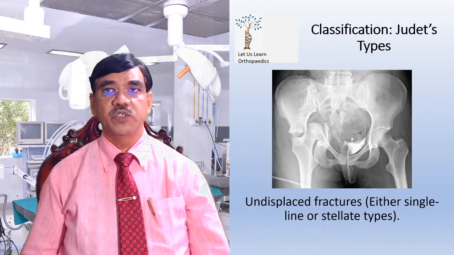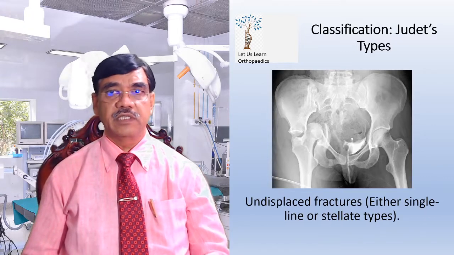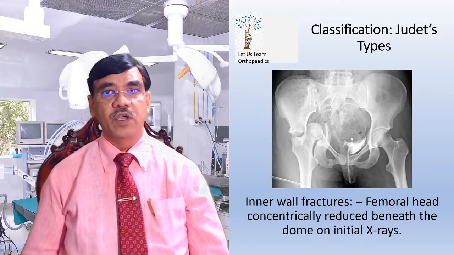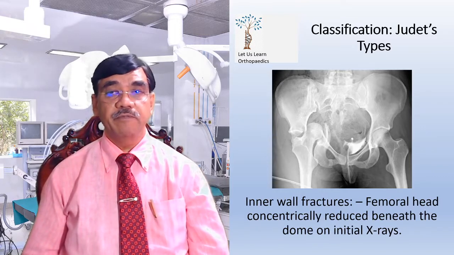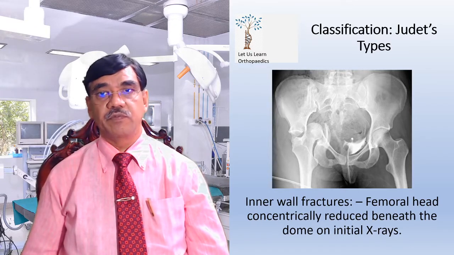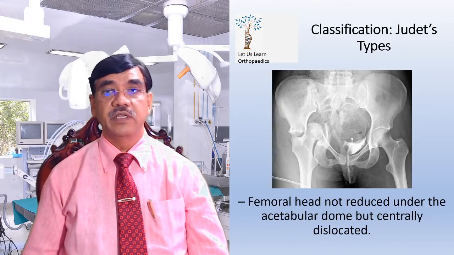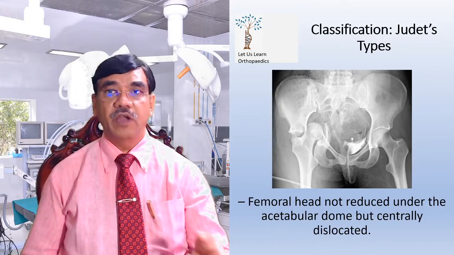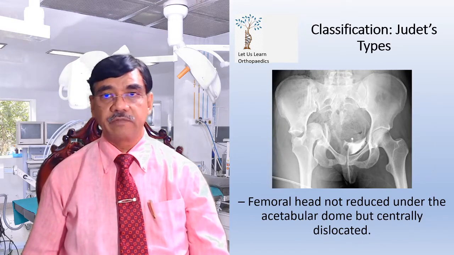The classification: Judet has classified it. Undisplaced fractures, either single line or stellate type, or the inner wall fracture. Of course, this classification is based on the fracture of the acetabulum. The inner wall fractures: the femoral head concentrically reduced beneath the dome on the initial X-rays, or the femoral head not reduced under the acetabular dome but centrally dislocated.